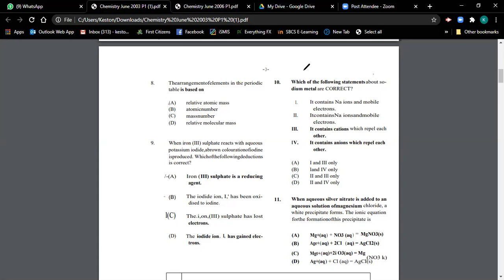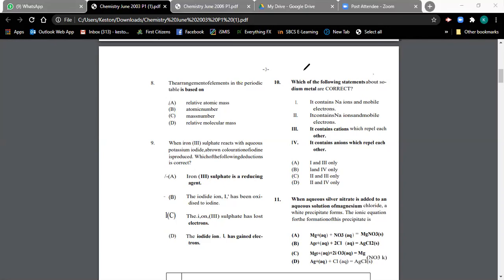Sodium. It contains sodium ions and mobile electrons. Okay, yeah, that's true. Contains cations which repel each other. That makes sense. It contains anions which repel each other.